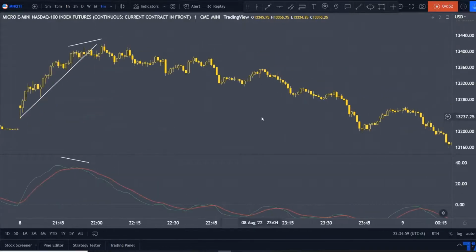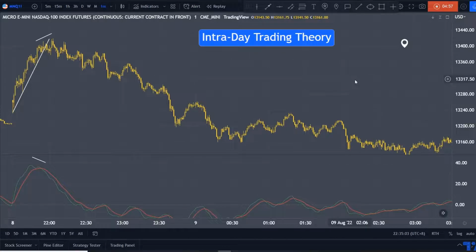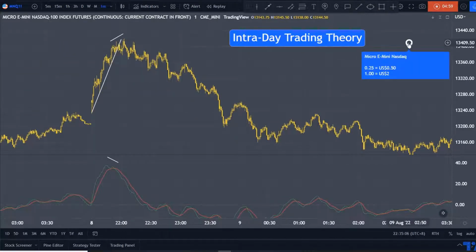Now, let's bring your attention to how all this works. If you're new to trading, we have to understand contract specs. The contract that I'm trading on Monday was the micro E-mini NASDAQ. The contract spec states that every quarter point movement, that's the minimum movement, is 50 cents US dollars.